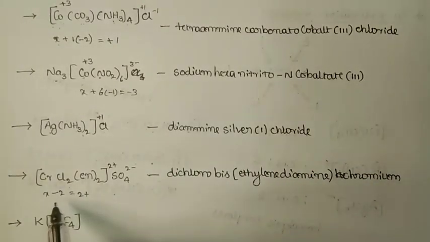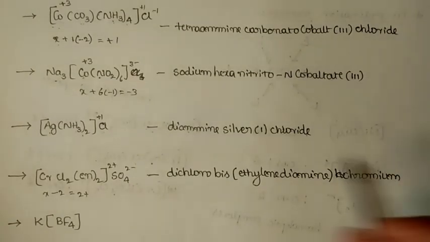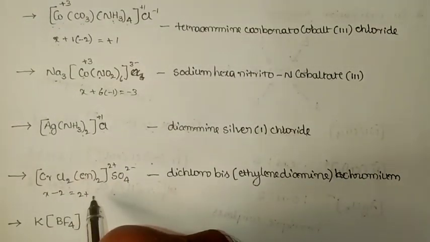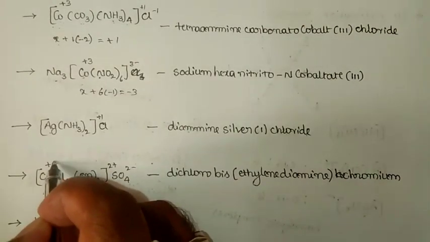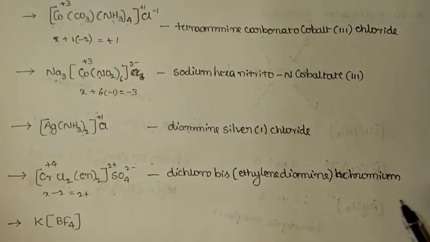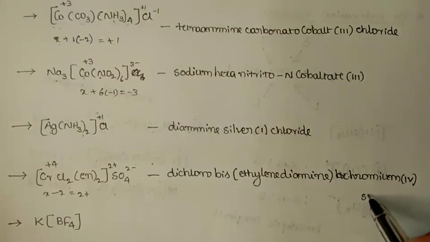So minus 2, when it comes to the right hand side, it will become plus 2, plus 2, plus 2, it will be plus 4. So chromium is in plus 4 oxidation state. The oxidation state should be written in Roman numeral, followed by the ionic sphere, that is sulfate.